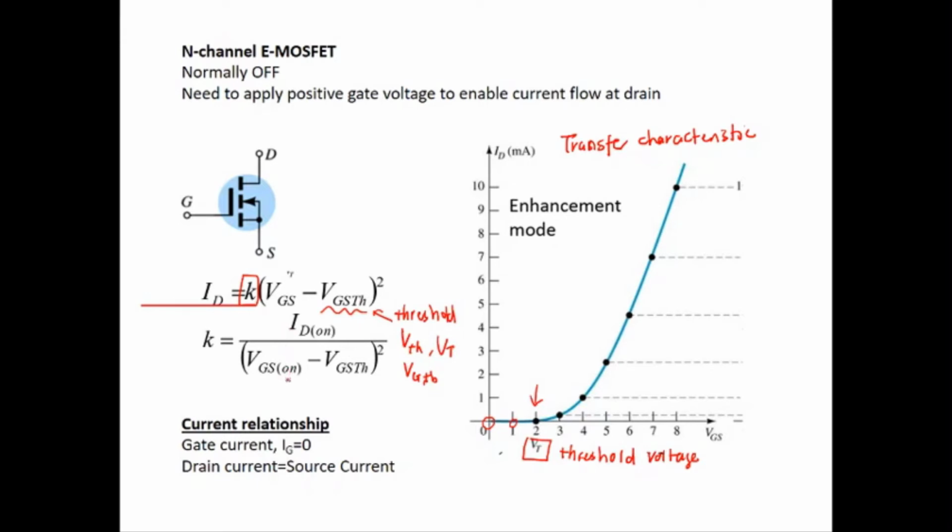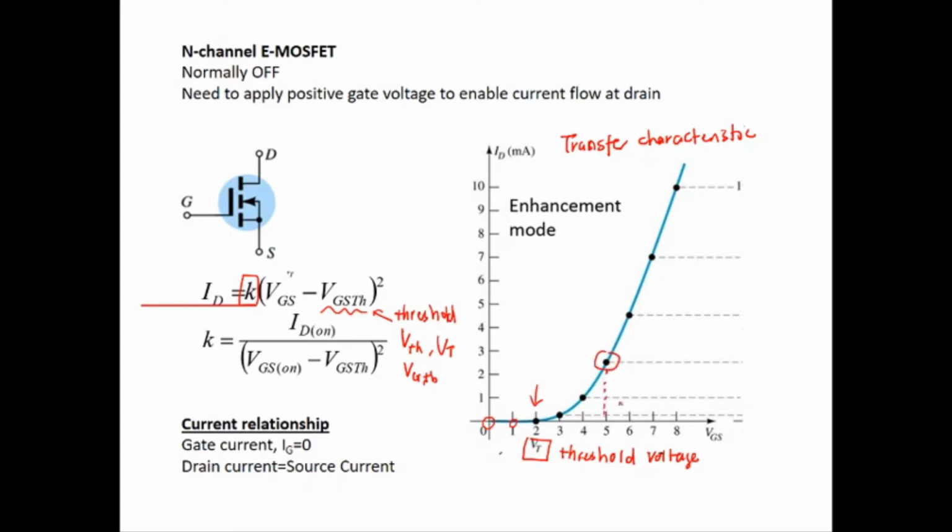ID on and VGS on is any point where the transistor is in the on state. For example, if you take a look at this transfer characteristic, you can pick any point. Let's say I pick this point.